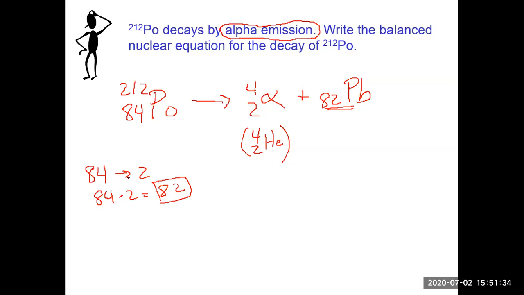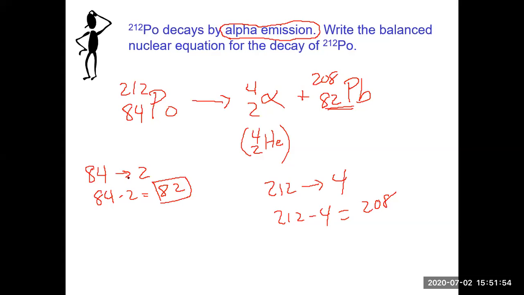Now what is left is our mass number, which is the top. We take our 212 on the left-hand side, and 4 on the right-hand side. 212 minus 4 is 208. It looks like a winner there. 208 would be it.